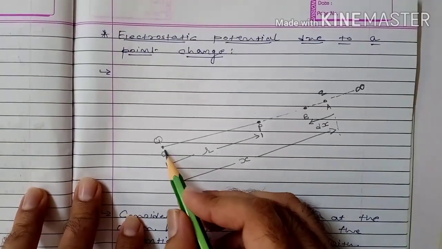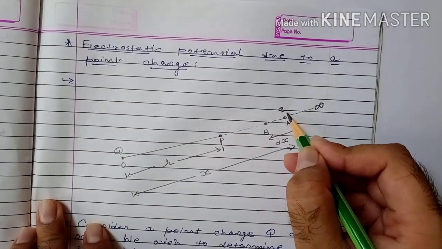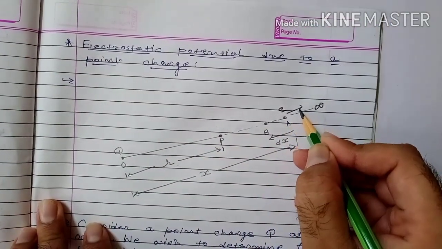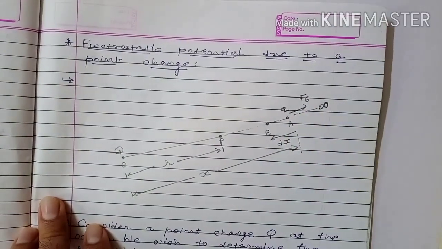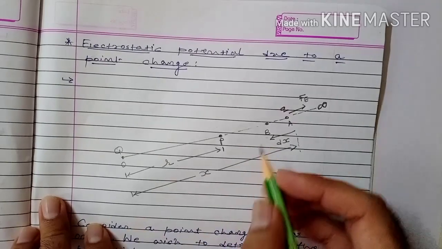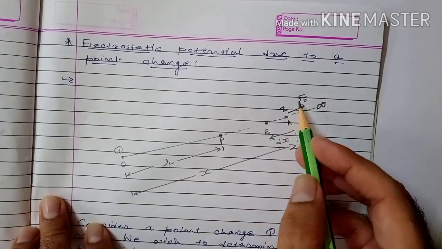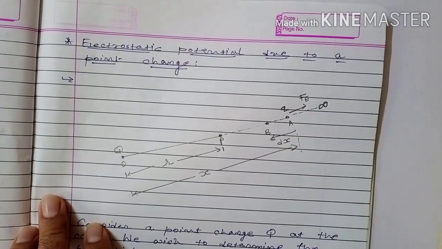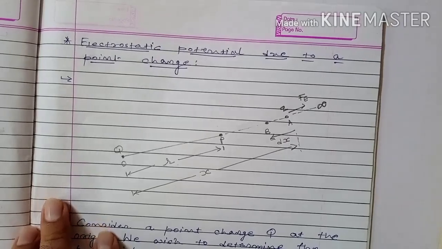Because the electrostatic force between these two positive charges will be in this direction. This is F, the electrostatic force. Repulsive force will act, and the displacement is from A to B. It means the force and dx are in opposite directions, so the angle between them is 180 degrees.